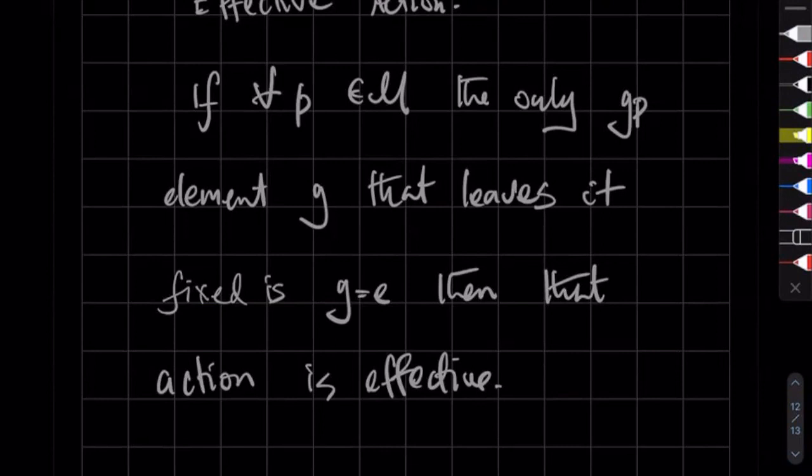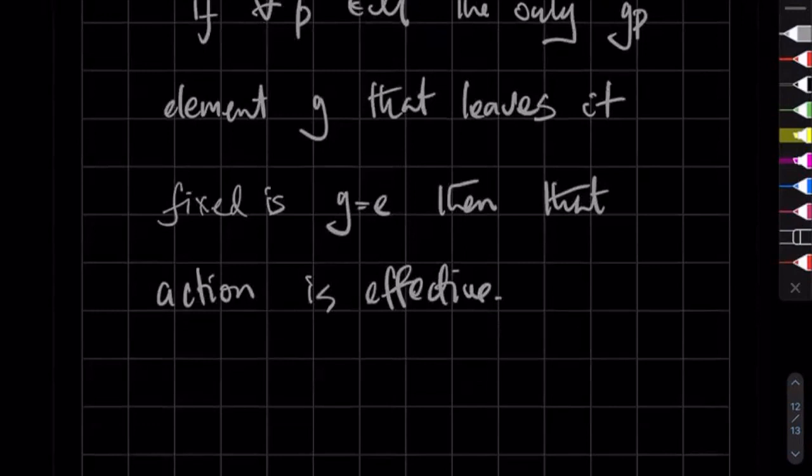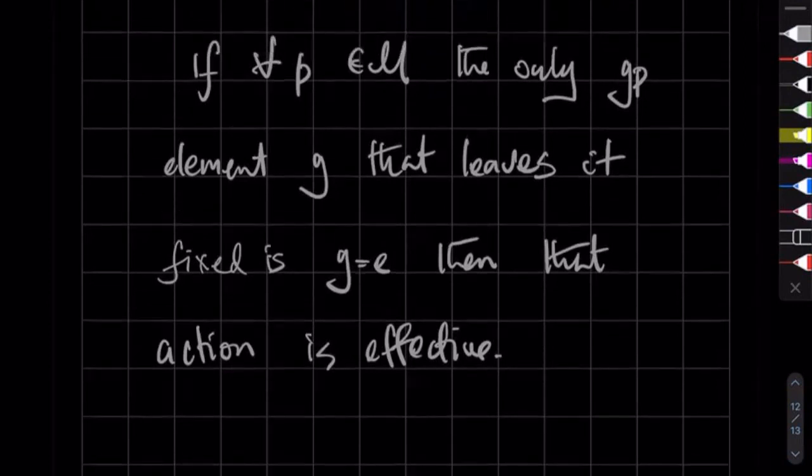Okay, so now the question is: is the group action of SO3 on S2 effective or not? Is it that only the identity will keep the point fixed and every other element will change the point? And it has to be for all the points. So it is effective, right? Yes, sir.